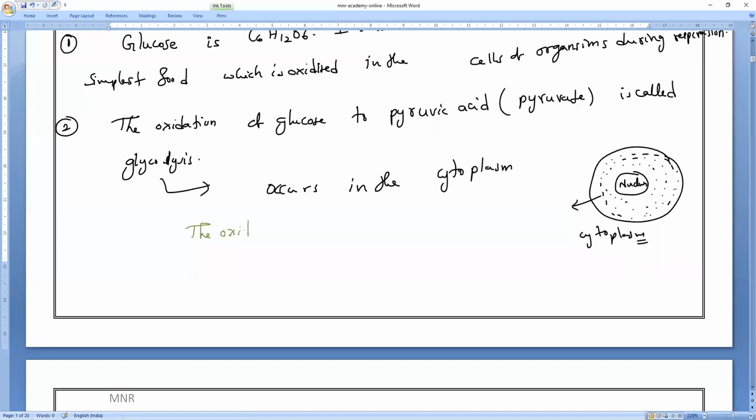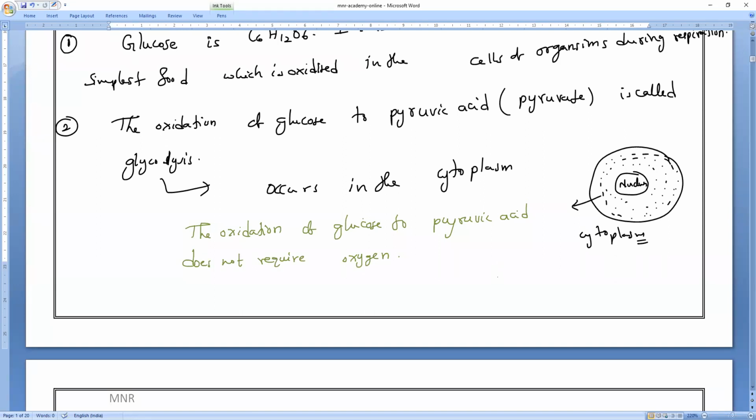The oxidation of glucose to pyruvic acid does not require oxygen. Are you clear, all of you?